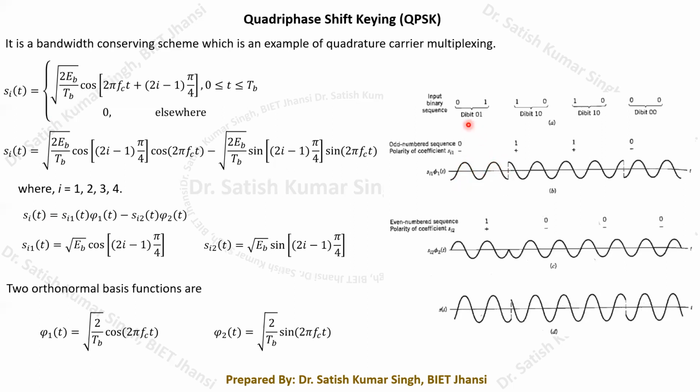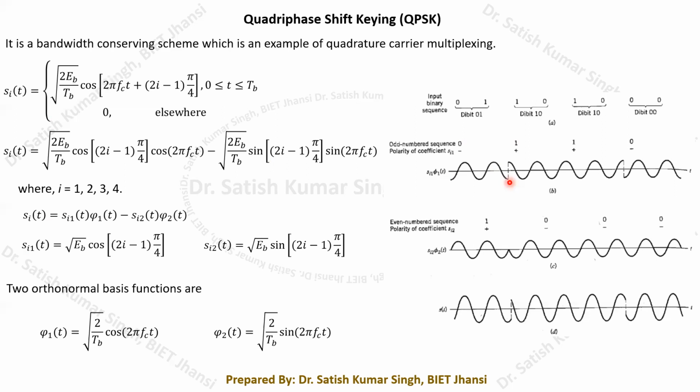You remember that the bit duration TB corresponds to only one bit, but this waveform has to be repeated for the duration of 2 TB.